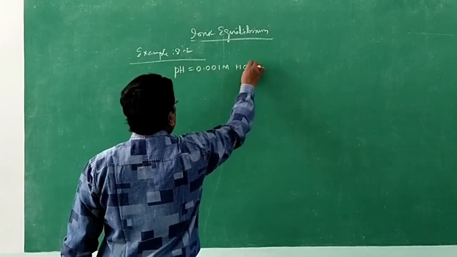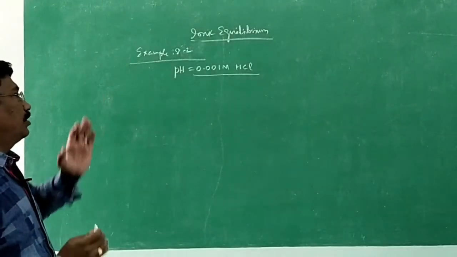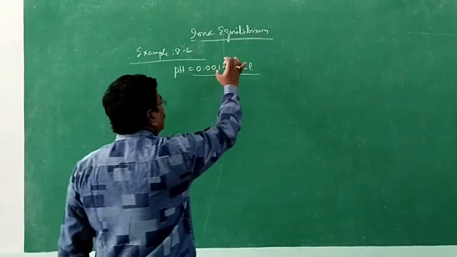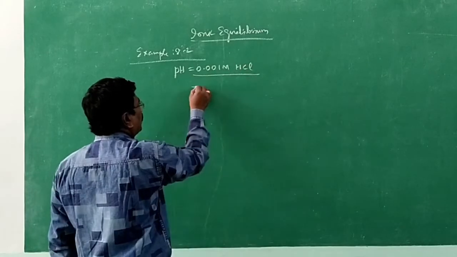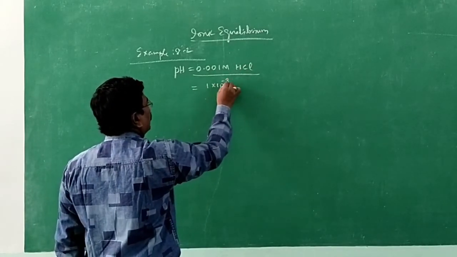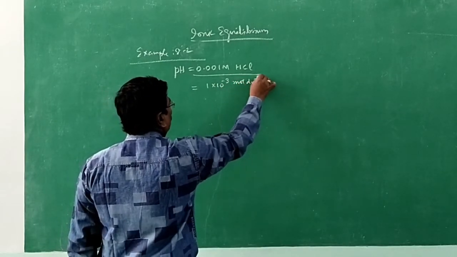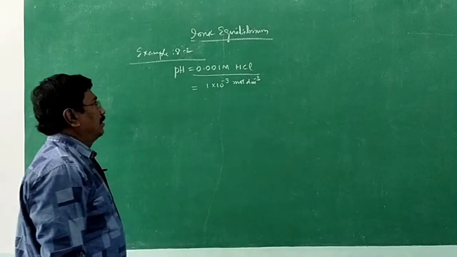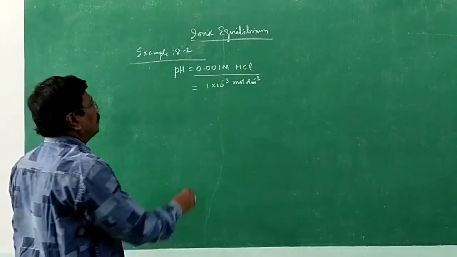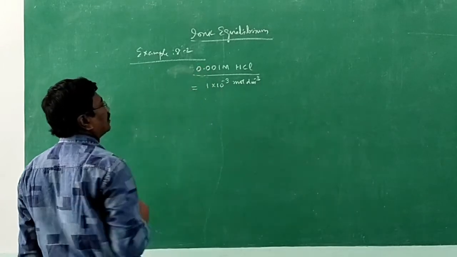How to calculate pH? Whenever the concentration is given as a decimal number, convert it into a one-digit number: 1 into 10 power minus 3 mole per decimeter cube, or mole per liter, whatever it may be. So the pH of this solution is asked.